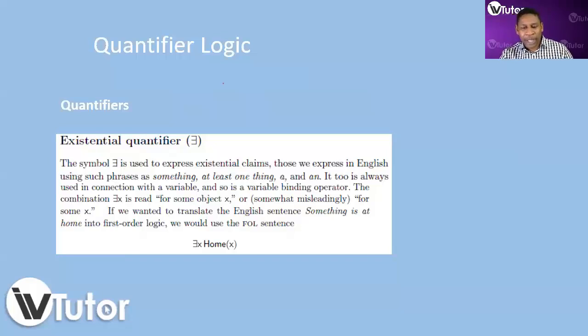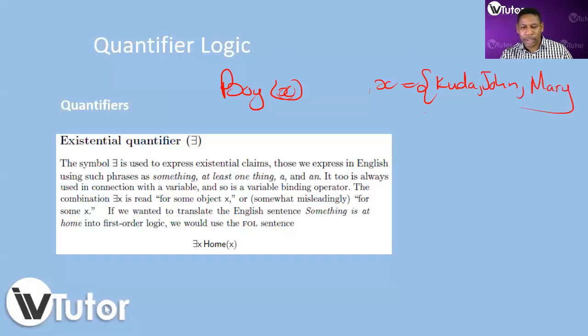So if we still have boy X and we still have X referring to John, predicate, right? If I put this quantifier, it will say there exists a boy in the domain. So you say some boy or something, at least one boy, a boy, when it is relevant to use. So there exists some boy in this set.